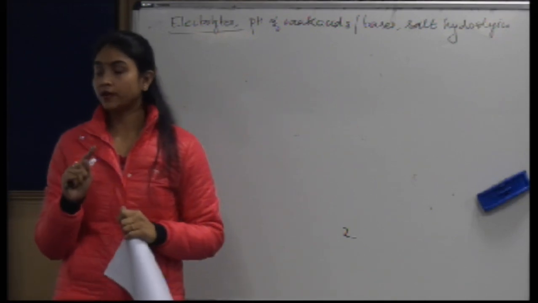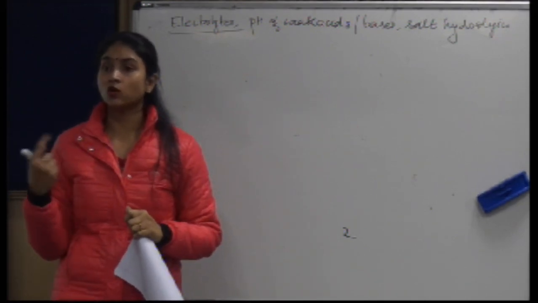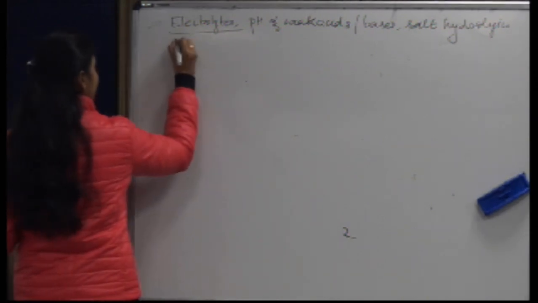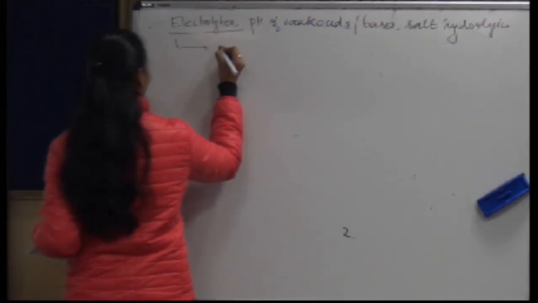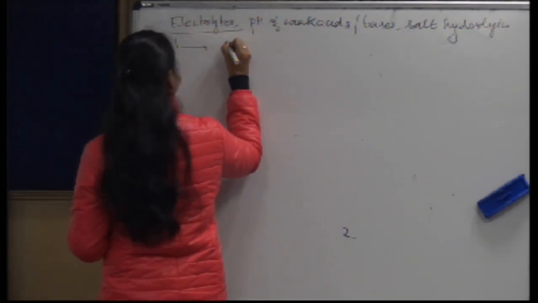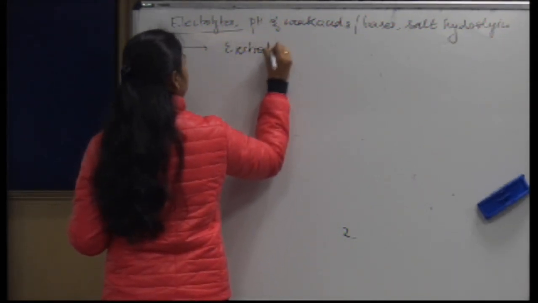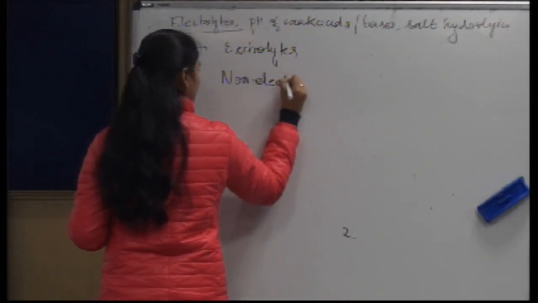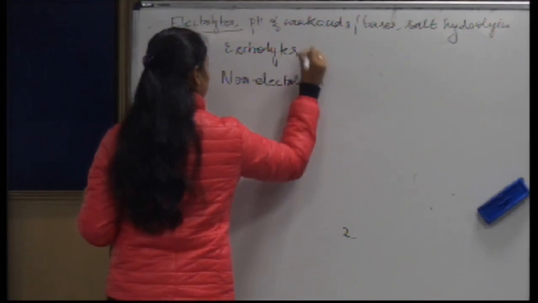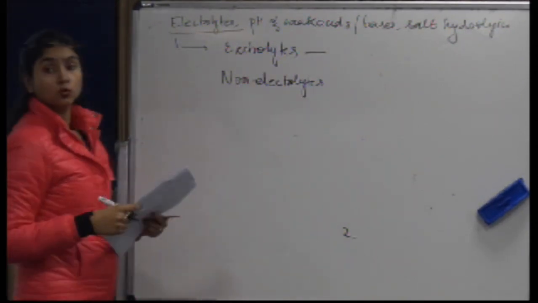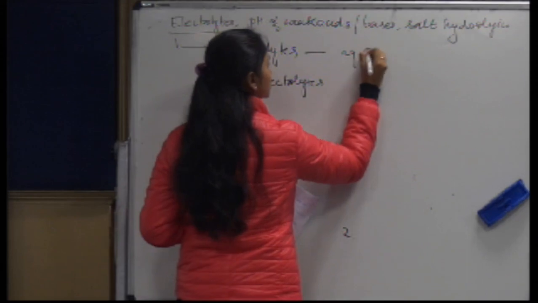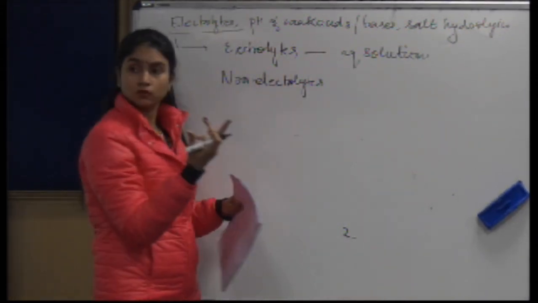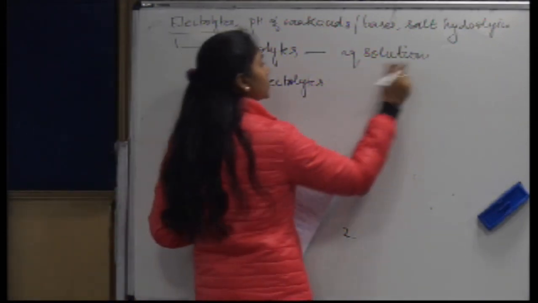One is the electrolyte which conducts electricity, and one is the non-electrolyte which does not conduct electricity. So you have electrolytes and non-electrolytes. Electrolytes are the substances whose aqueous solution, which means I am using water to form their solution, or their melts, conducts electricity.